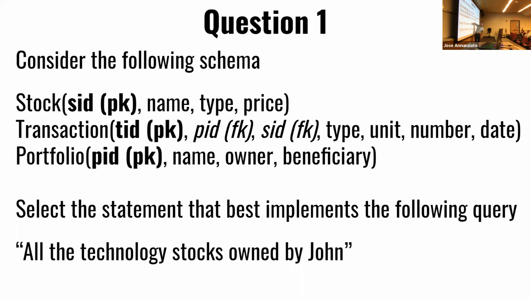It's the stock type, whether it's an energy stock or technology stock or whatever. And owned is in the portfolio, over here. So some of the information lives in the stock table and some lives in the portfolio table, and the only way to navigate between the two is to join with the middle table, the transaction table. Yes.